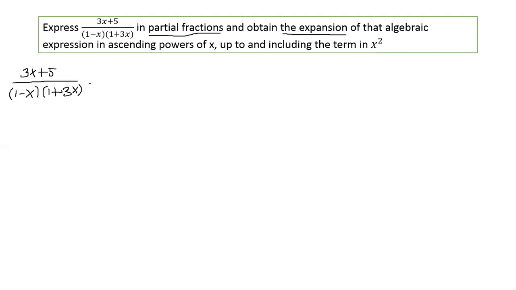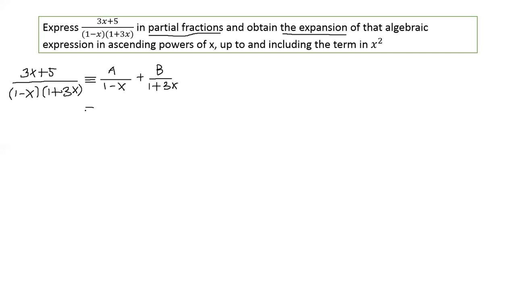Okay, (3x + 5) over (1 minus x)(1 plus 3x) is identical to, according to the partial fraction rule, a over (1 minus x) plus b over (1 plus 3x). Like this.